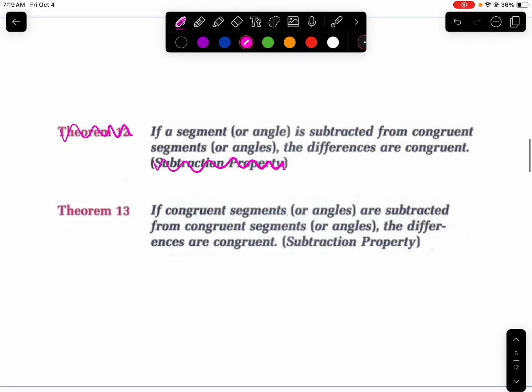Here, we're just going to say if a segment or an angle is subtracted from congruent segments or angles, the differences are congruent. And the next one, if congruent segments or angles are subtracted from congruent segments or angles, the differences are congruent. So here it's one segment or angle. Here it's congruent segments or congruent angles.